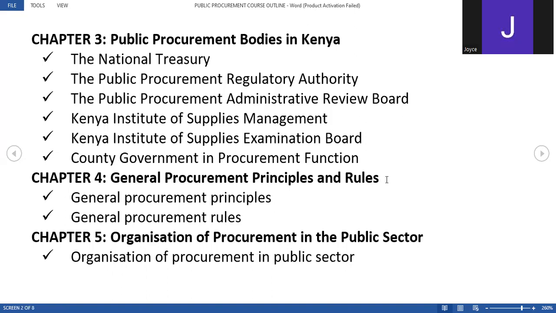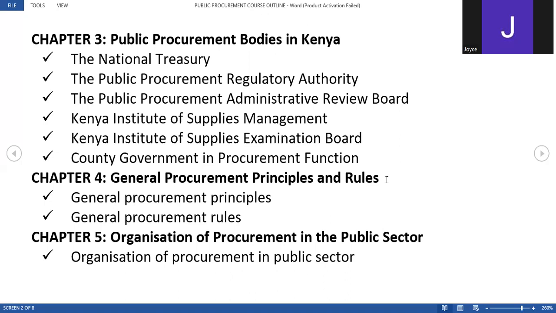And the work of National Treasury is to come up with policies that will help in support of public procurement activities. Then the second body is the Public Procurement Regulatory Authority. And this is a body corporate which has perpetual existence. And the Public Procurement Regulatory Authority is in charge of monitoring what happens in these public entities.